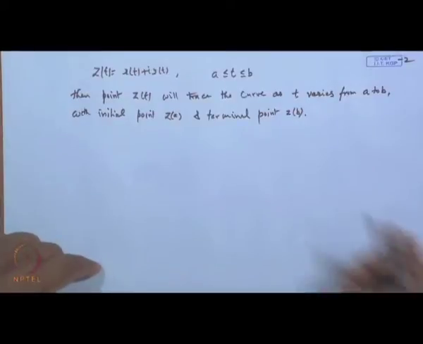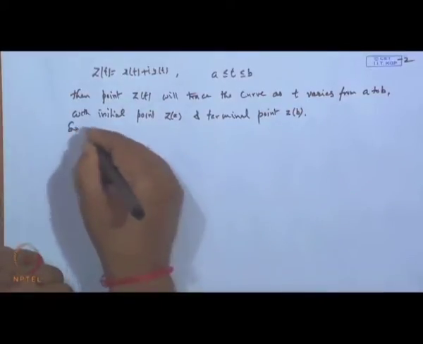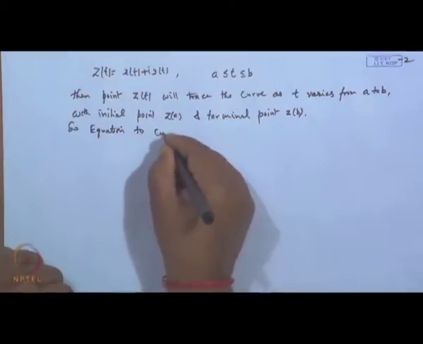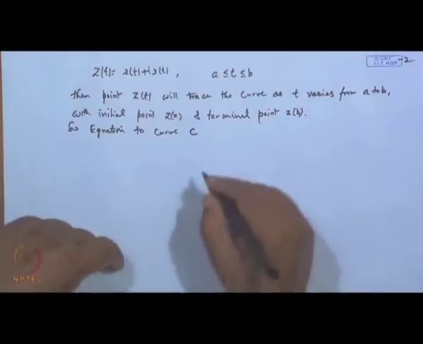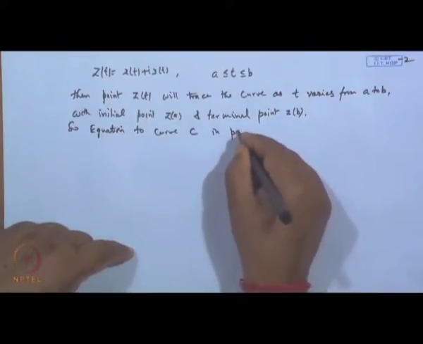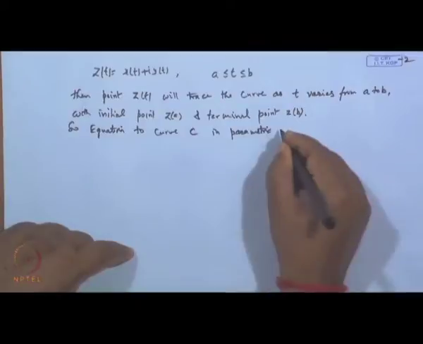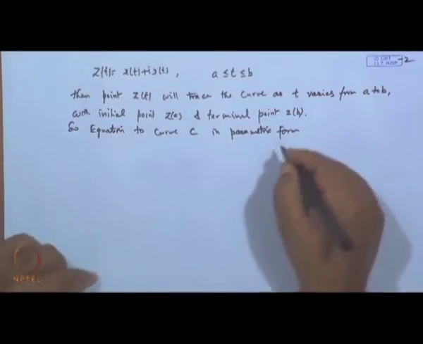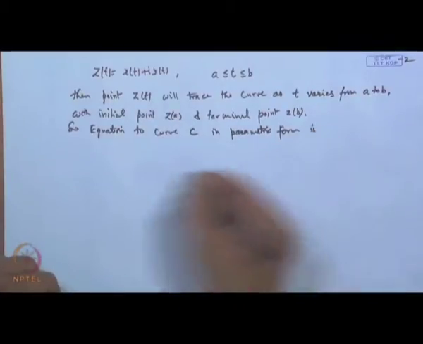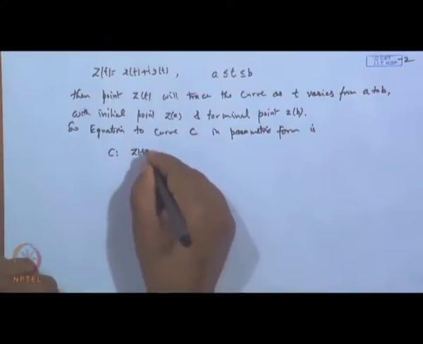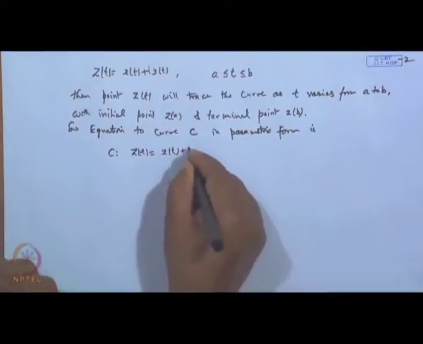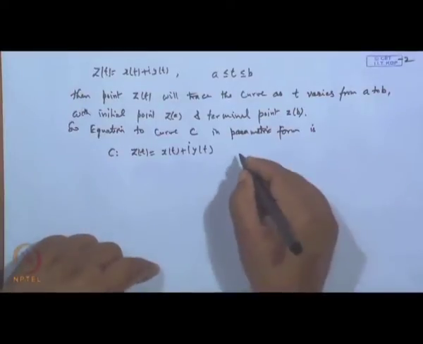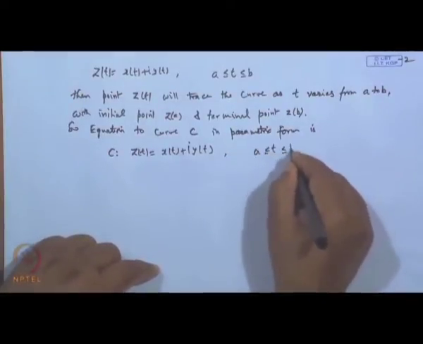So, the equation of the curve can be written in parametric form. The equation to the curve C in parametric form is written as z(t) equal to x(t) plus i y(t), and t is varying from a to b.